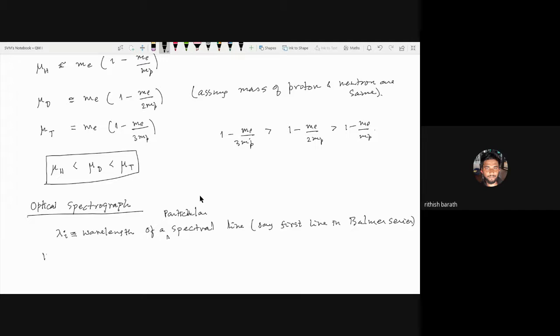And here, of course, this index i will be hydrogen atom, deuterium, tritium, like that.